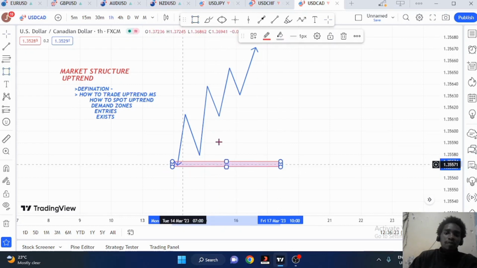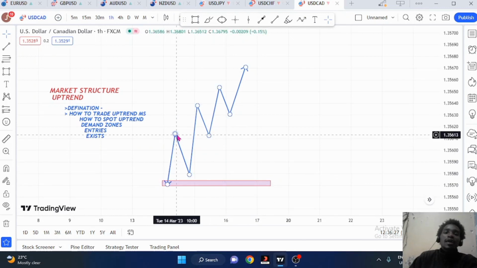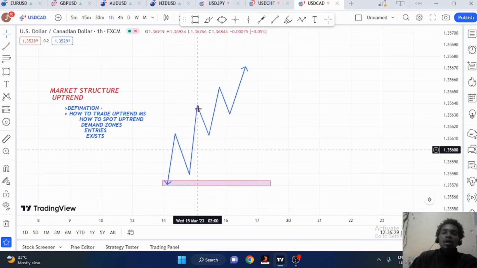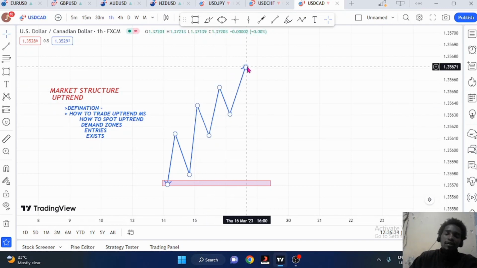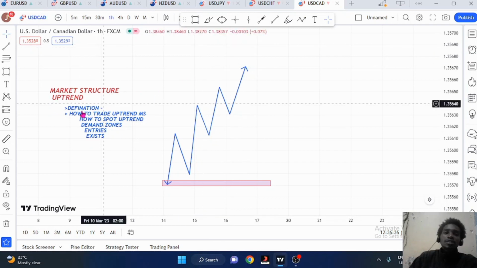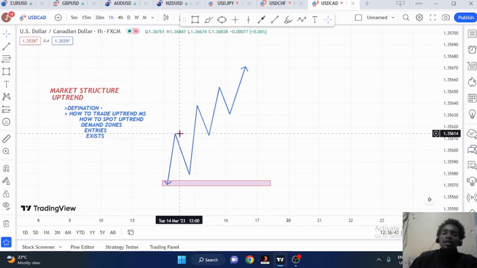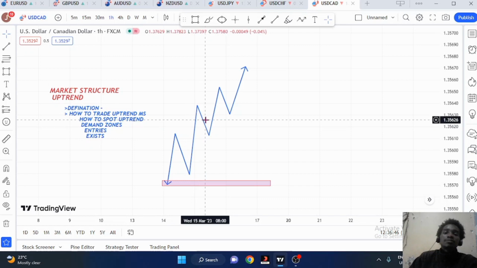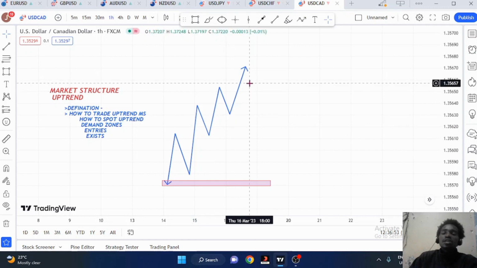When the market is making an uptrend move, it makes a high, a higher low, a high, a higher low, and a high. An uptrend market is where the market is making highs and higher lows, meaning that generally the price is going up, and in this case you will be looking for buys.